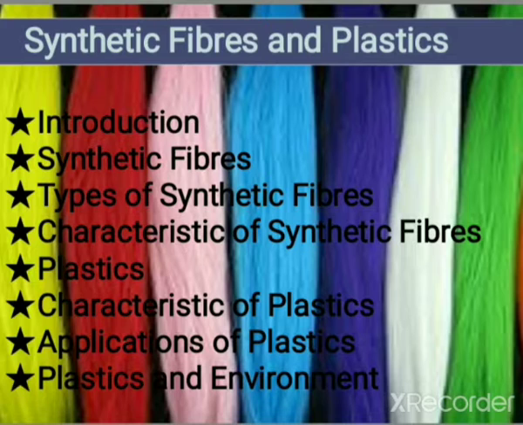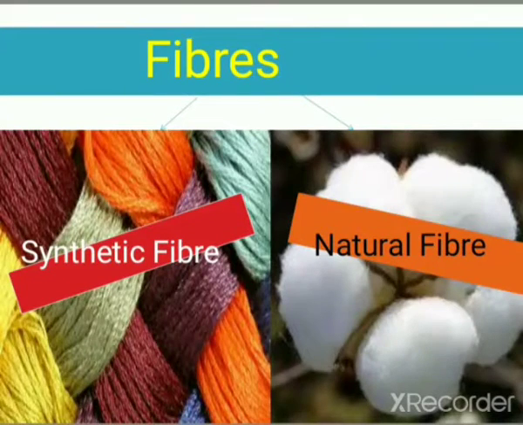Let's move on to the types of fibers. Basically, there are two types of fibers: synthetic fibers and natural fibers. Natural fibers are obtained from plants or animals, for example cotton, silk, wool, etc. Let's understand what synthetic fibers are.